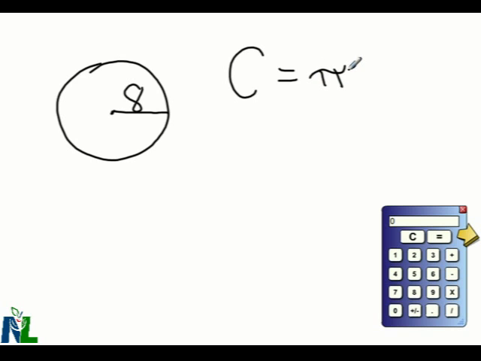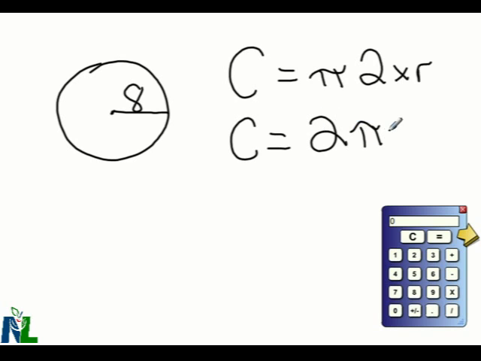But if you remember from earlier, the diameter is actually 2 times the radius. Another way of writing this formula that you're going to see quite often is 2 pi r. And that means the exact same thing as that. It's just written in a different order.